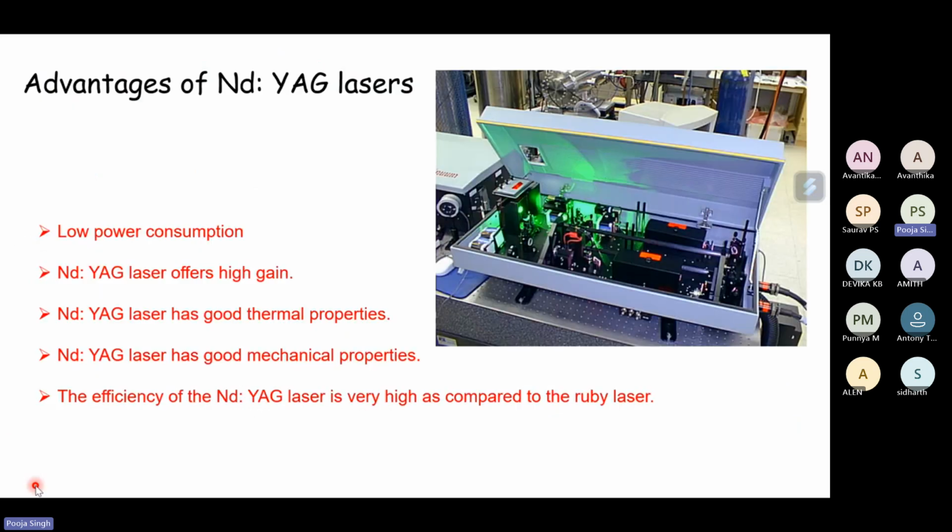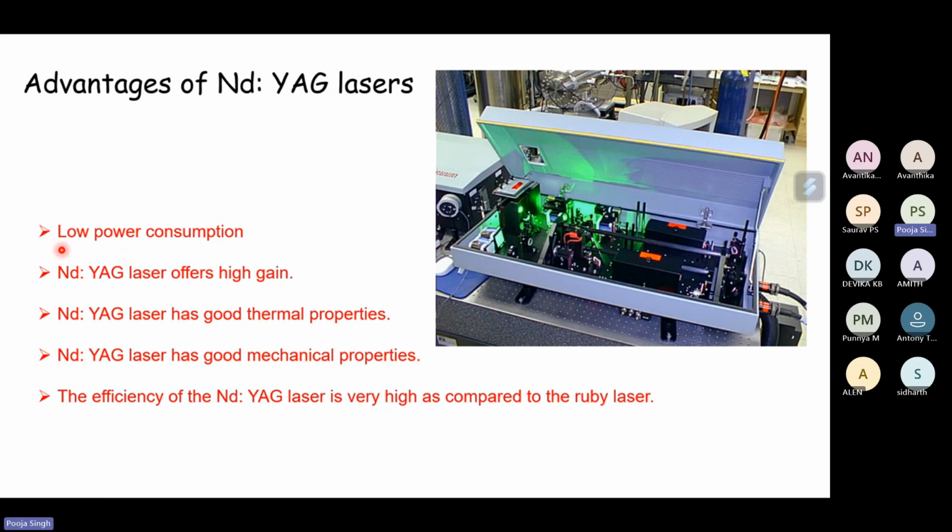Okay, now the advantages. What are the advantages of this laser? Basically, this is the laser figure, and the figure shows a green emission of the laser light.